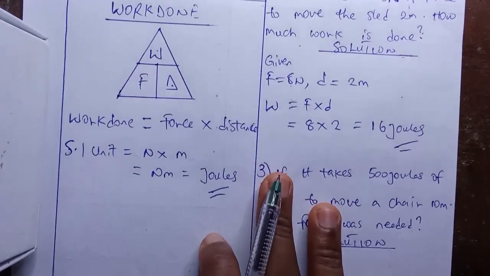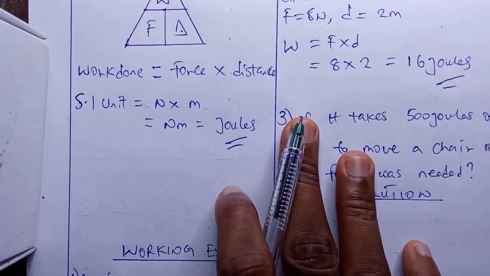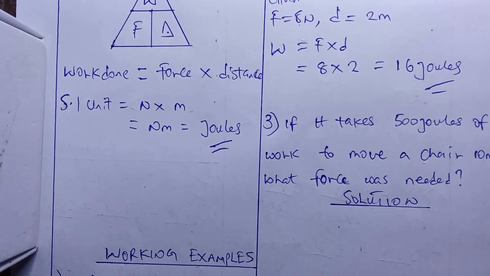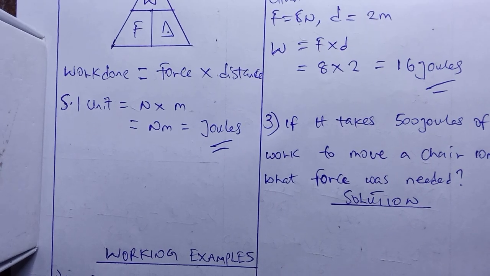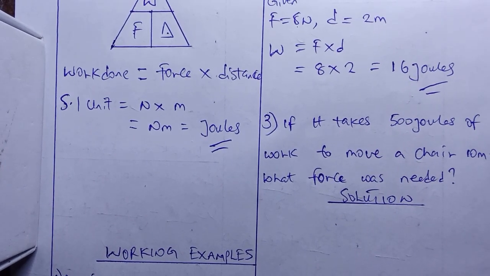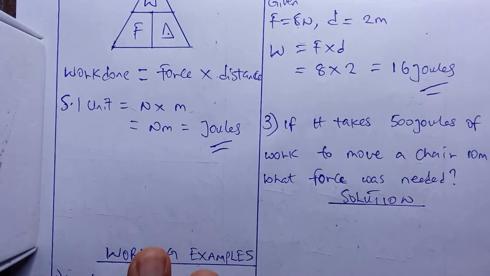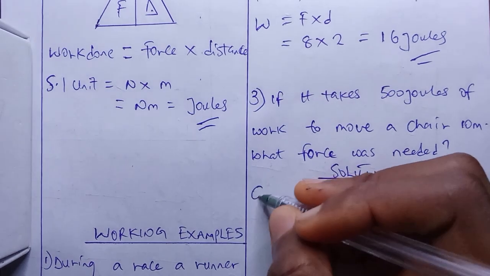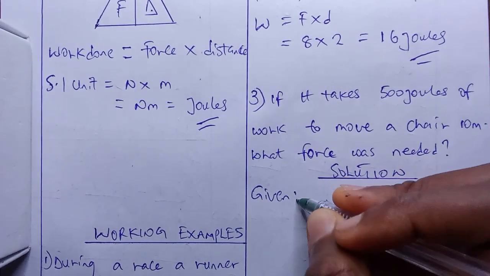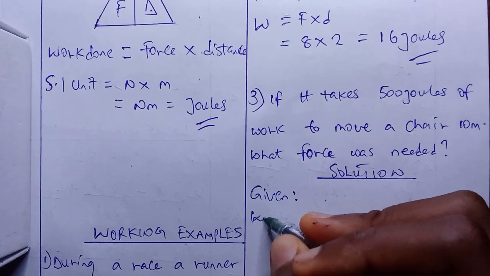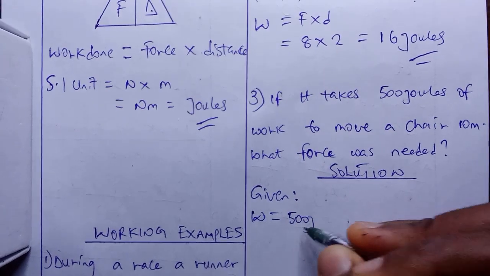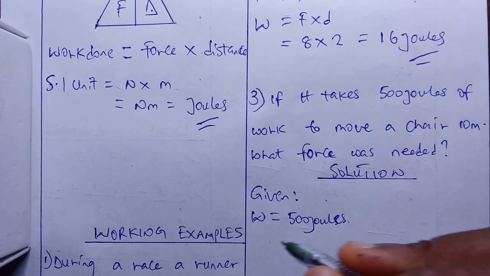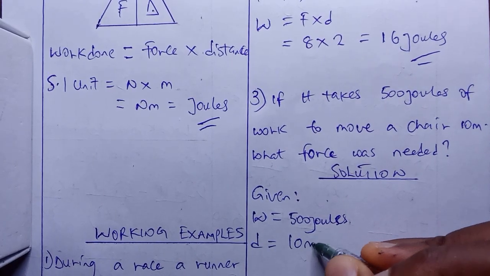Now our third example says it takes 500 joules of work to move a chair 10 meters. What force was needed? Also, before you solve any problem, you outline your parameters. So we have given: work done equals 500 joules, to move a chair 10 meters, so distance D equals 10 meters.